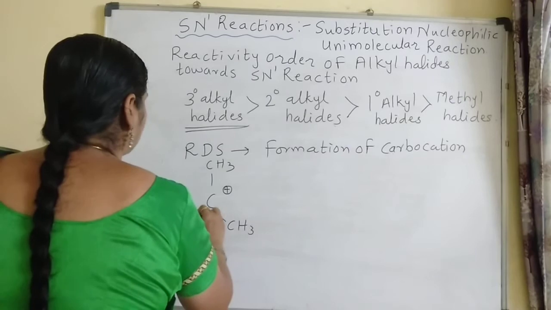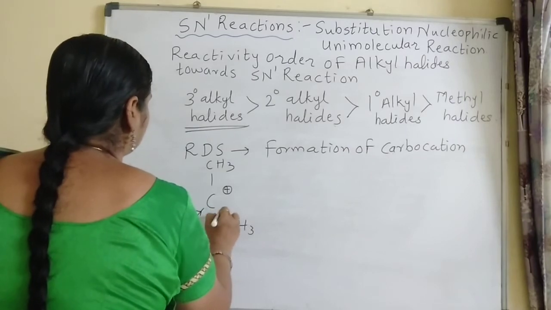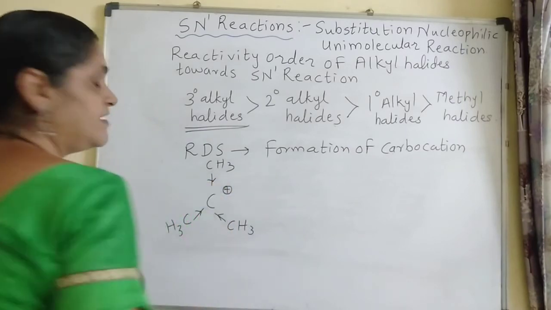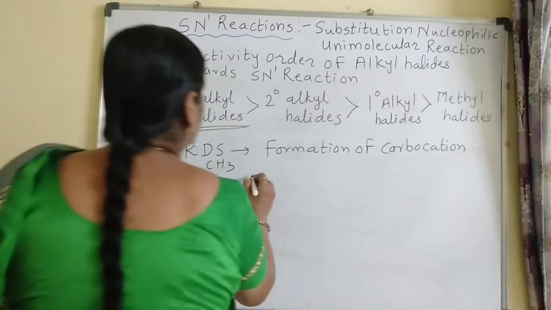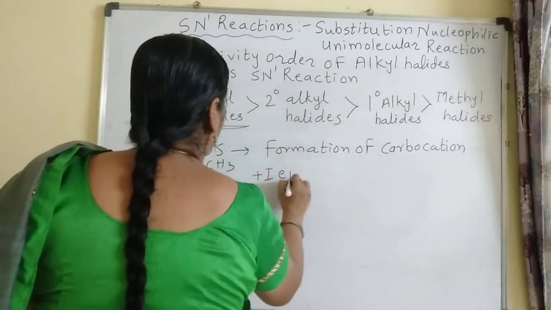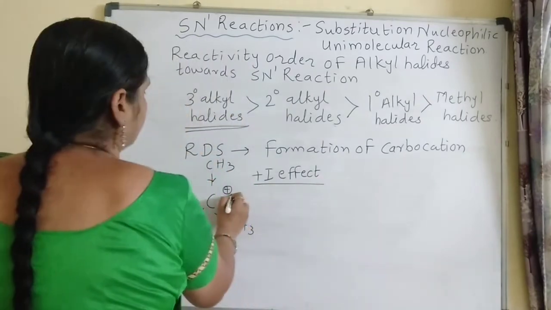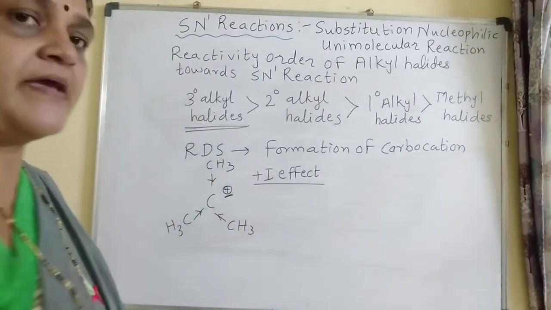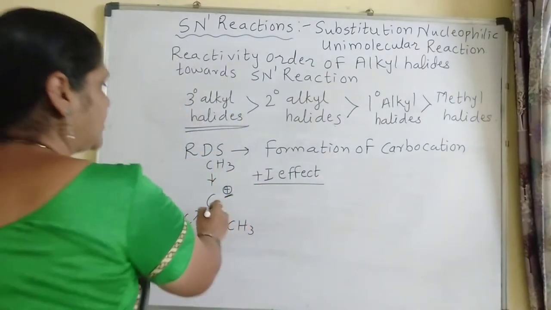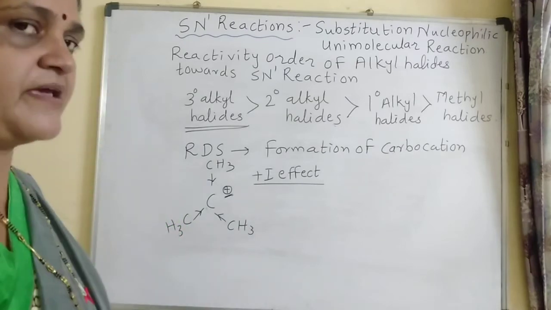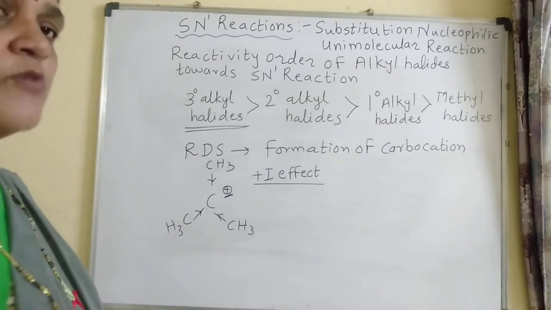This tertiary carbocation has three methyl groups joined with it. All these three methyl groups will show plus I effect, and because of this plus I effect, the positive charge on the carbon will be reduced to some extent. The carbocation will be more stable.